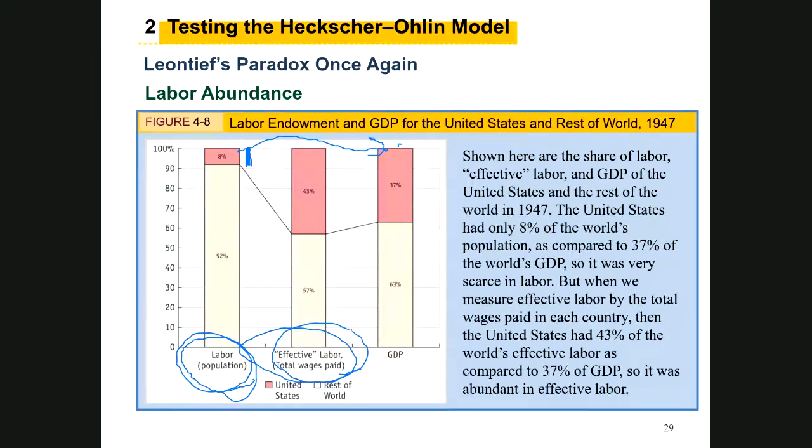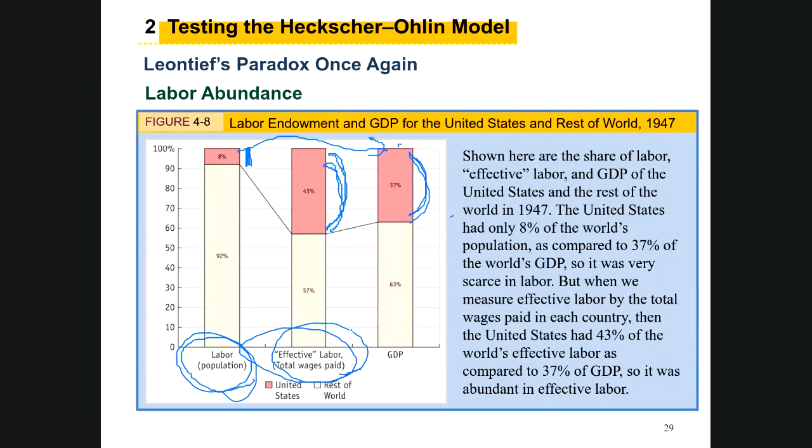But if you consider the wage, the productivity of the U.S. labor, which is much higher than the rest of the world, the wage of U.S. labor is much higher than the rest of the world's labor, and you put that into consideration, your effective labor share becomes larger than your share of the world GDP. So now we could say that the U.S. is abundant in terms of effective labor.